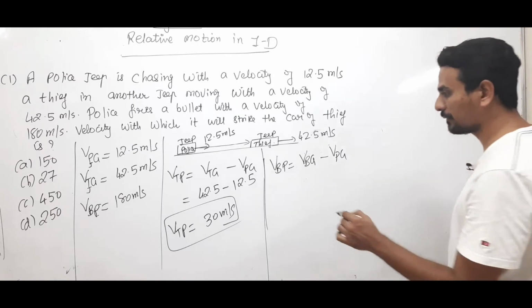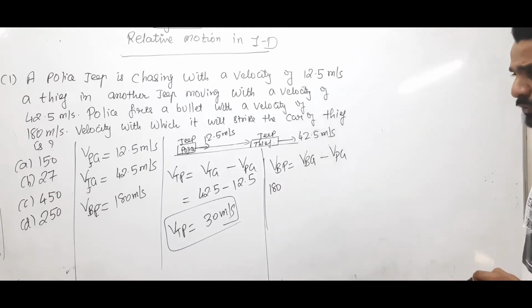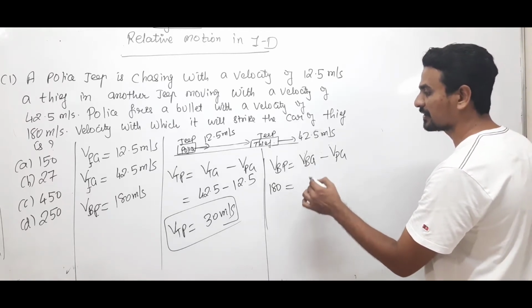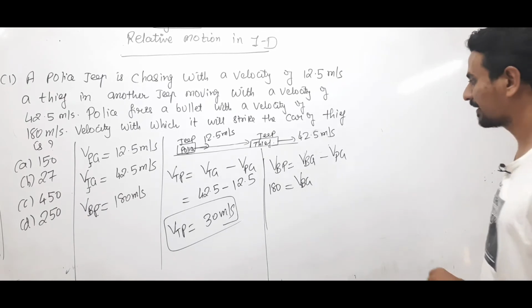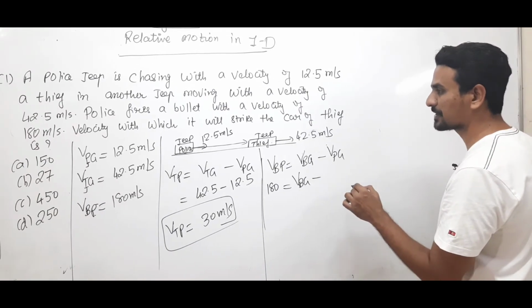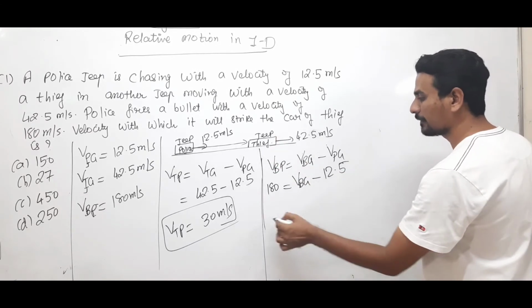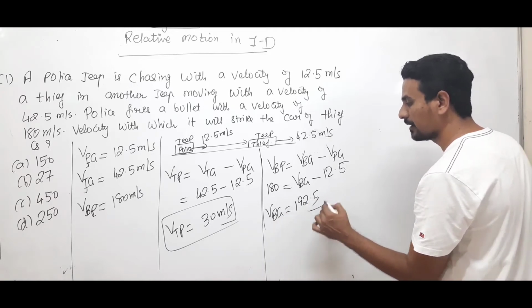Fine, the velocity of the bullet with respect to the police is given as 180. The velocity of the bullet with respect to ground, we don't know, minus the velocity of the police with respect to ground, which is 12.5. So finally the velocity of the bullet with respect to ground is 192.5.